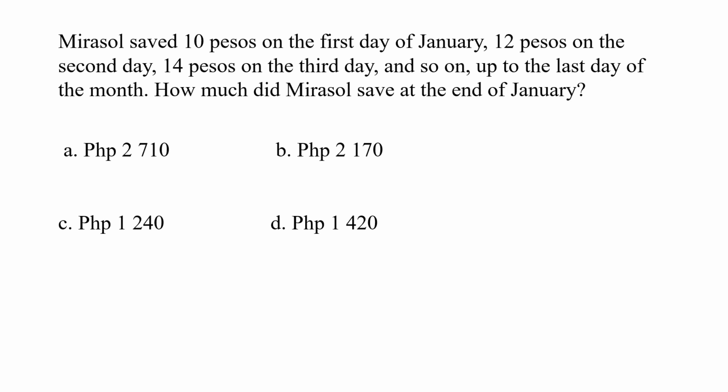I did not provide you the solution, but I will be giving you the correct answer. That is letter C. It's equivalent to 1,240. Again, I will be giving you the privilege to show the solution.